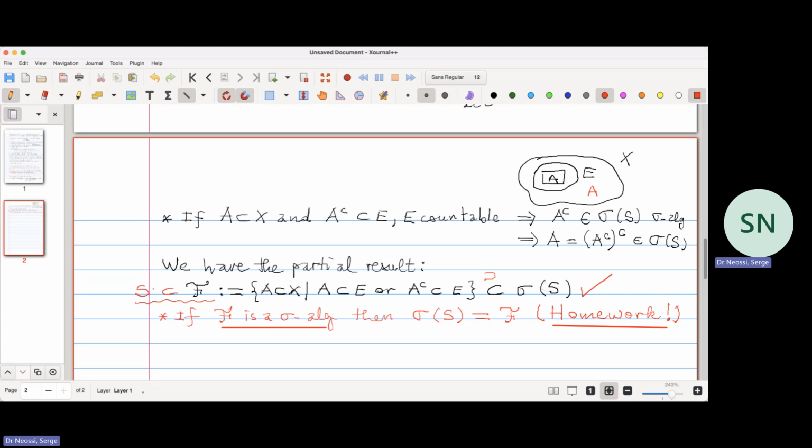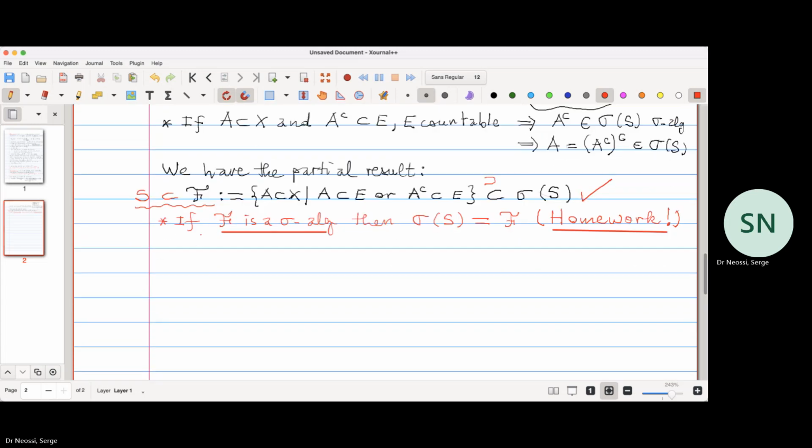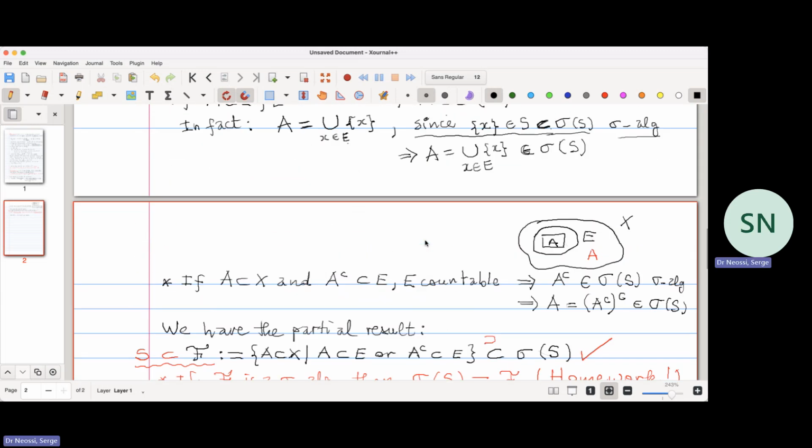So now let's show this one, that S is contained in F. If we take an element of S, A will be a subset of E. I think I proved something like that before, right?